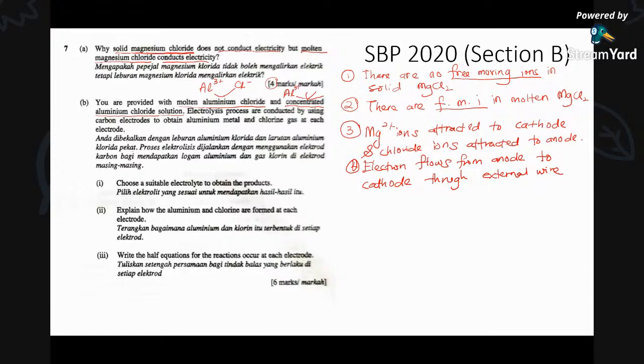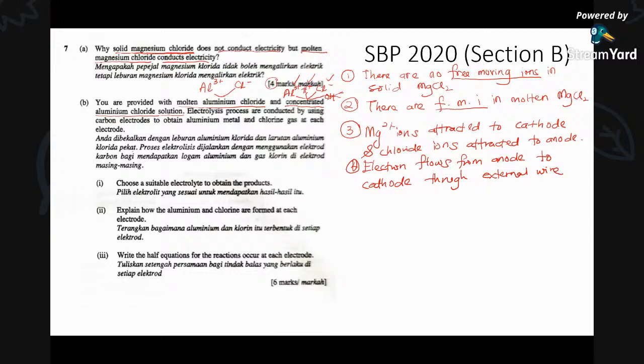So you have Al3+, H+ from water, chloride ion, and also hydroxide ion. Since they say concentrated aluminium chloride, you forget about the hydroxide ion over here. Because it is concentrated, the ion that is more will be predominant.